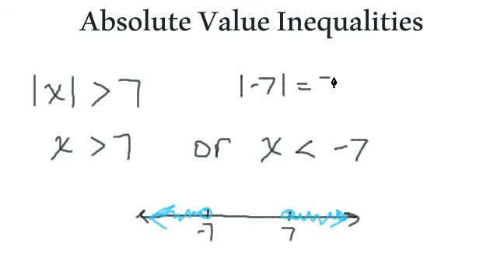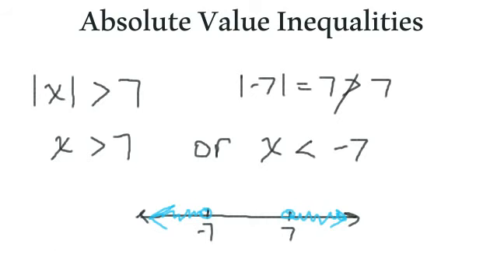Well, it is 7. But the question is, is 7 greater than 7? And the answer is no, 7 is not greater than 7. If this were an equal sign, a line under here, then we could say yes, because 7 does equal 7, but it doesn't. So no, that's not greater than 7.